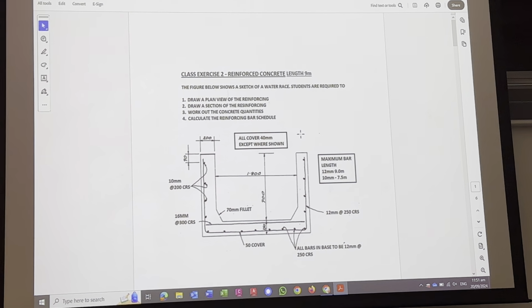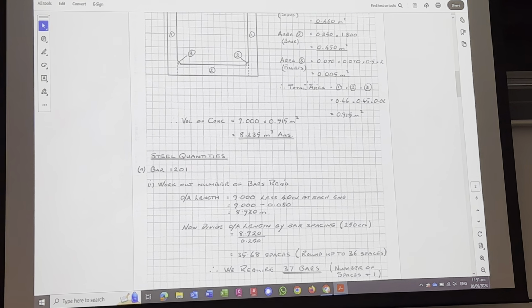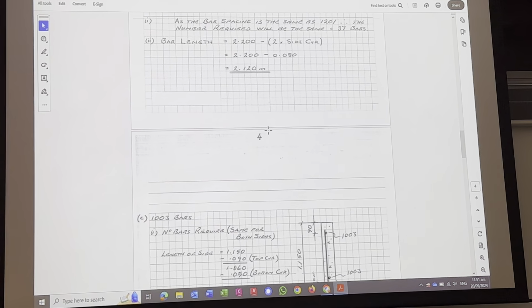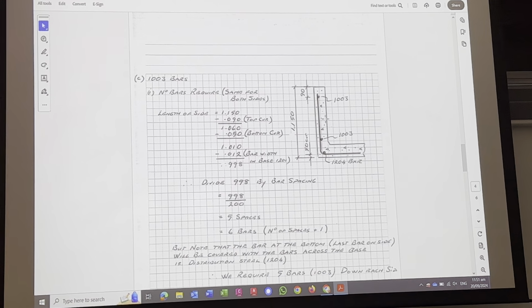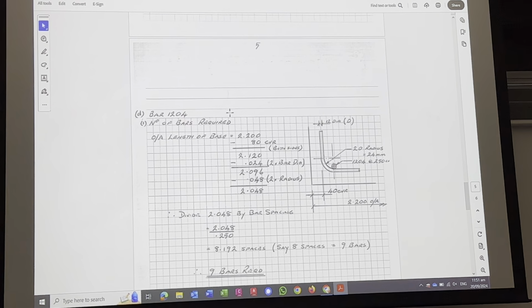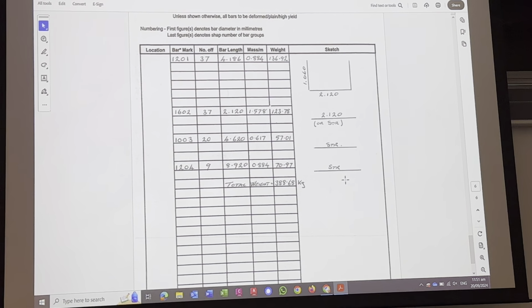It's got everything else, and it goes through one by one, telling the answer, both calculating the concrete volumes and then going through with little sketches showing how to calculate the bar. There we are, there's that one with the diameters on it. So it's another example, another perspective, and another bar schedule, okay?